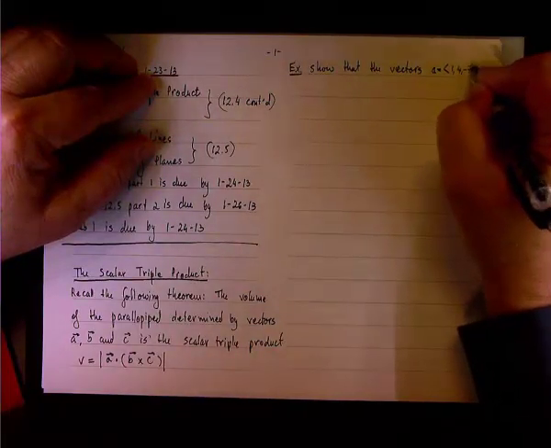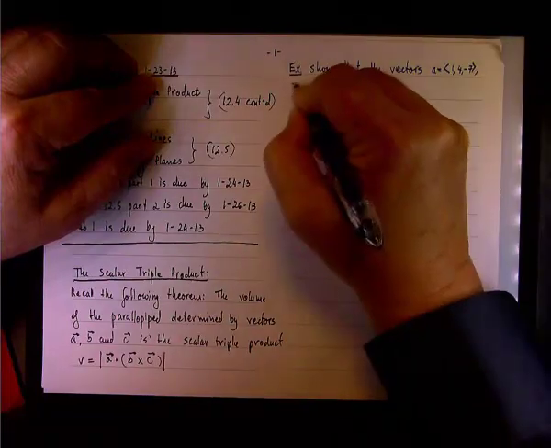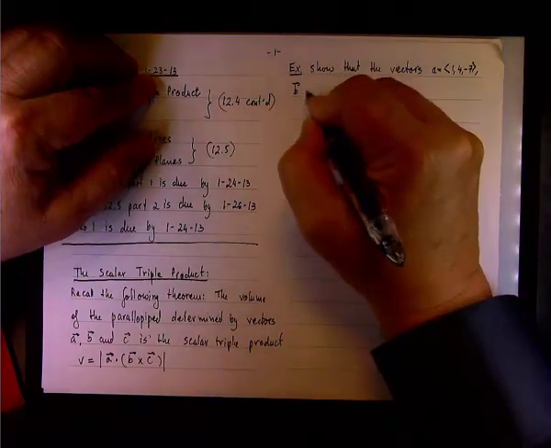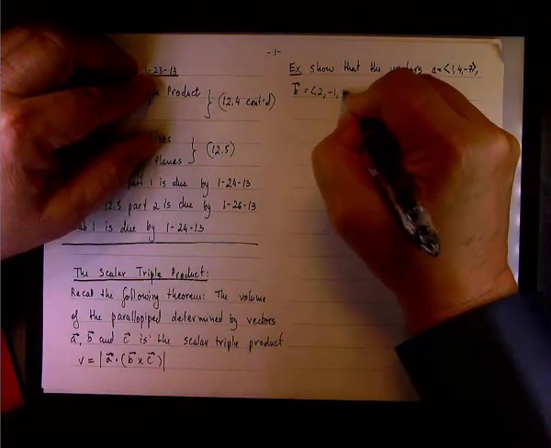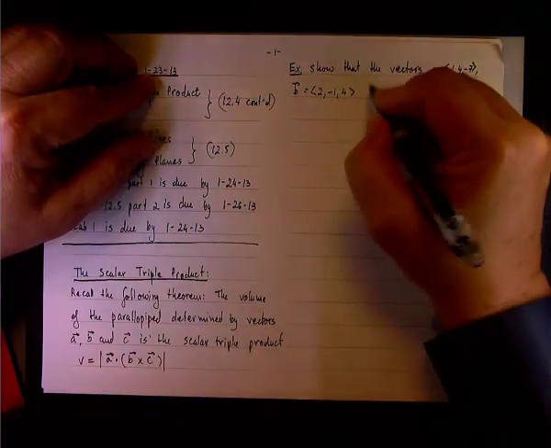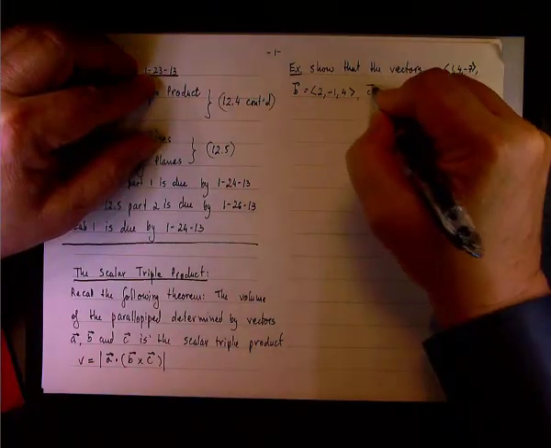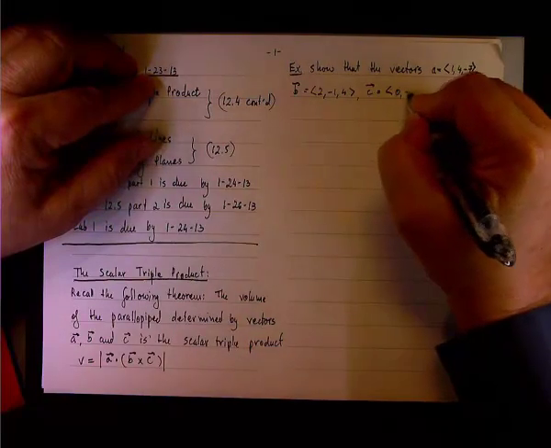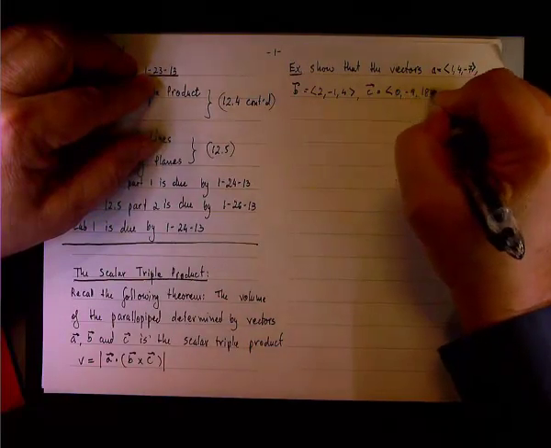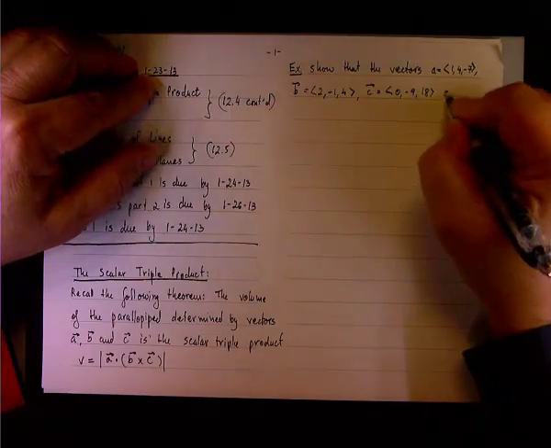The vector A is 1, 4, and negative 7. Vector B is 2, negative 1, and 4. And vector C is 0, negative 9, and 18.